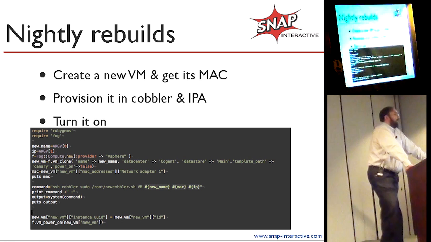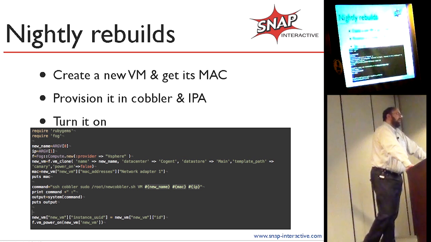So when we started doing this work, I tried to use the Puppet Cloud Provisioner for VMware and found that it didn't particularly like Puppet 3, I think. So I ended up implementing something similar on my own. This is just a quick fog script.